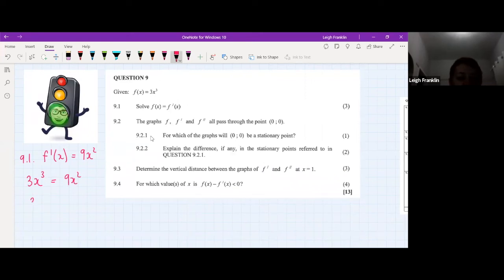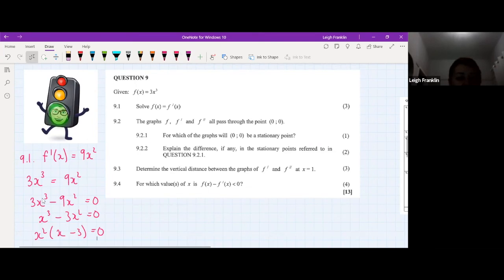And then again, we're going to get it into standard form. We can divide through by 3. We can take out the x squared. Oh, yes, x squared.